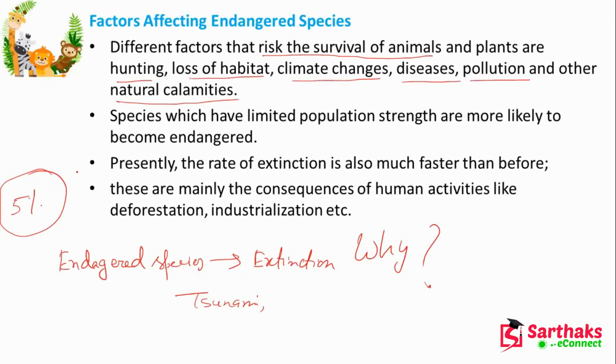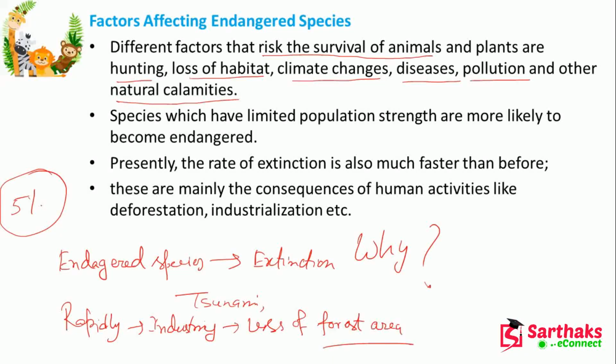Presently, the rate of extinction is also much faster than before, because we are rapidly going for industrialization, so we have less forest area.